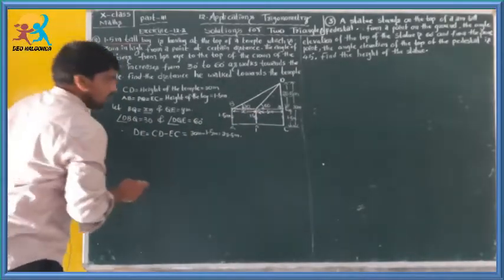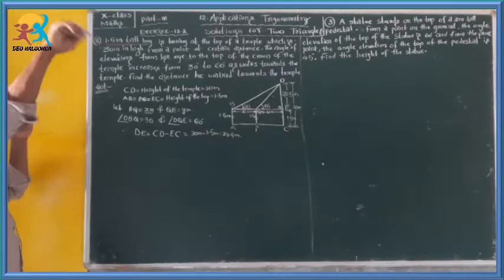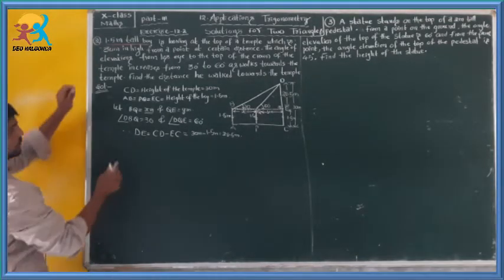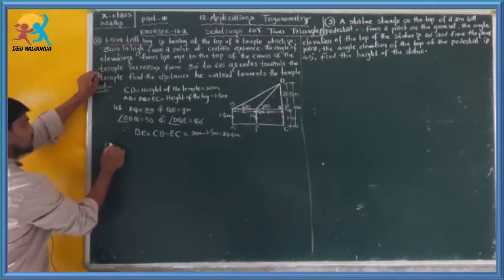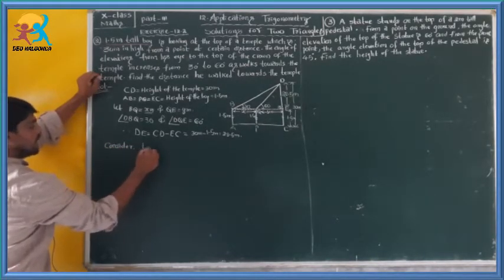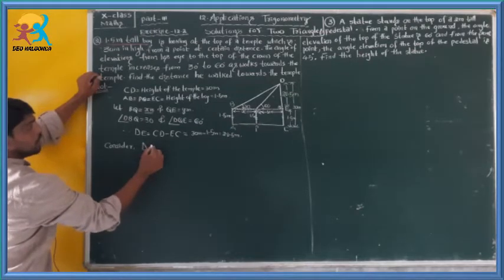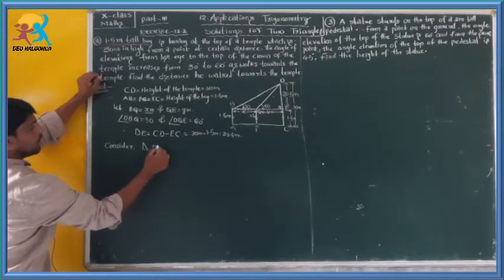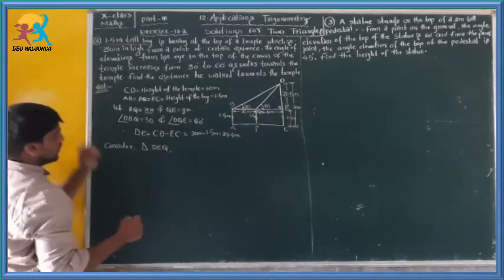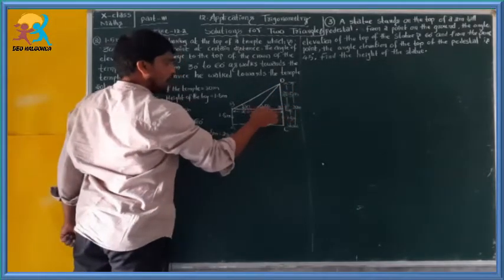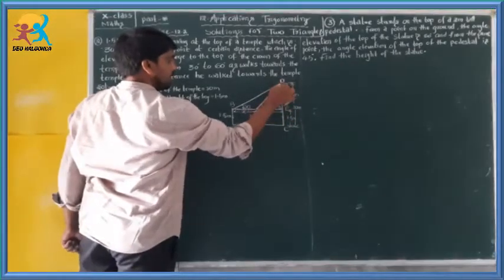Now, let us find the distance the boy walked towards the temple. For that, consider right angle triangle DEQ.